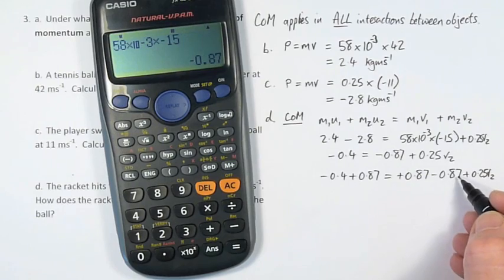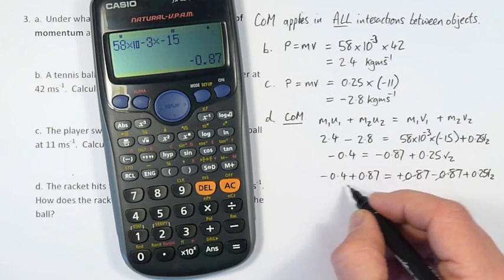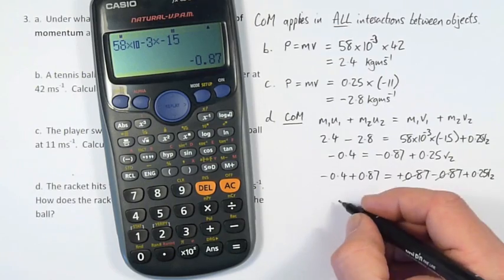I'm adding 0.87 and subtracting it, so those two cancel out. I can now work out this sum here.